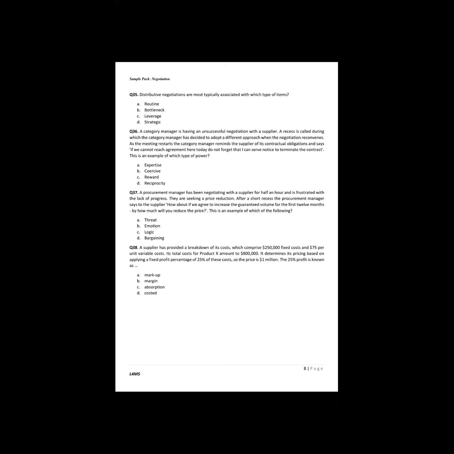It determines its pricing based on applying a fixed profit percentage of 25% of these costs. So the price is $1 million. The 25% profit is known as markup, a percentage on cost.